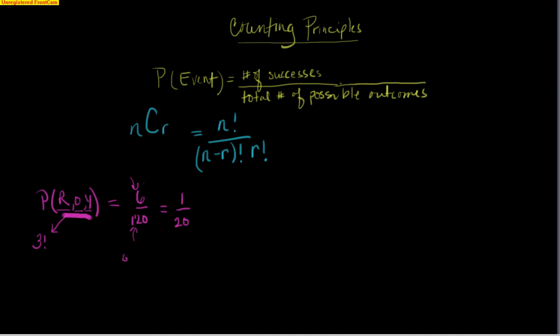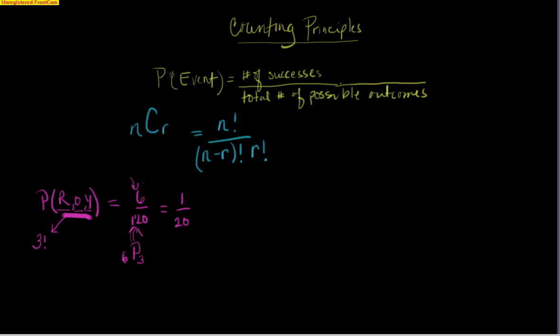We had six candies to choose from, and we were going to take out three, so we're arranging three of them. If you do that on your calculator, you will discover that 3 factorial is 6, and 6P3 is in fact 120.